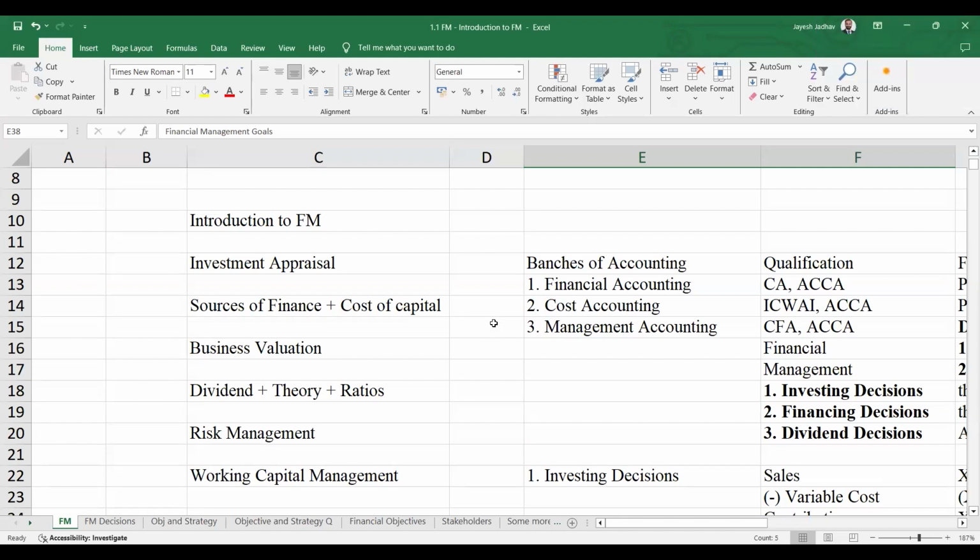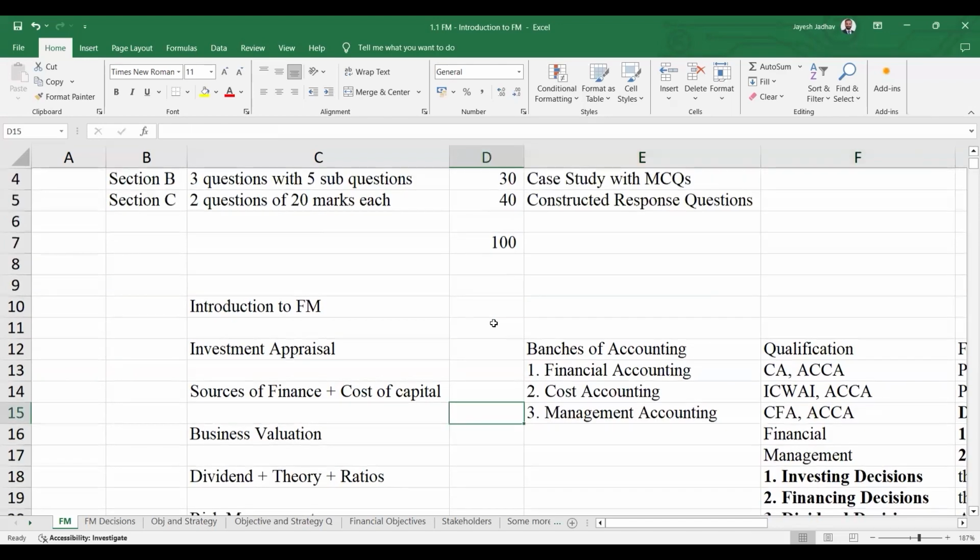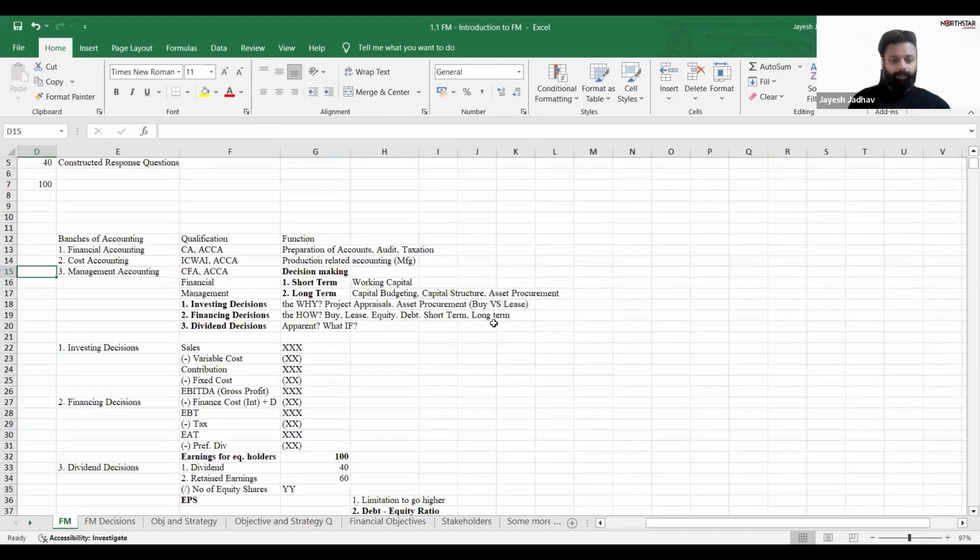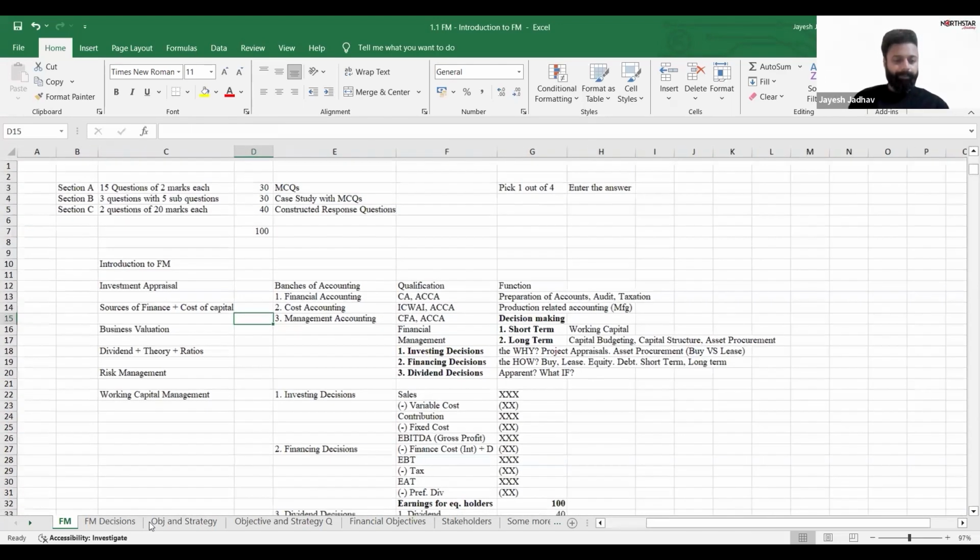Profit maximization primarily focuses upon the company's profits, and wealth maximization focuses upon the value of the company, the entity. That sounds about right. Thank you. That definitely sounds correct.